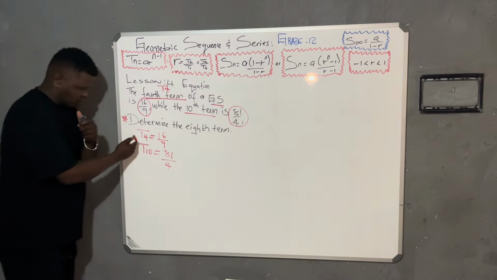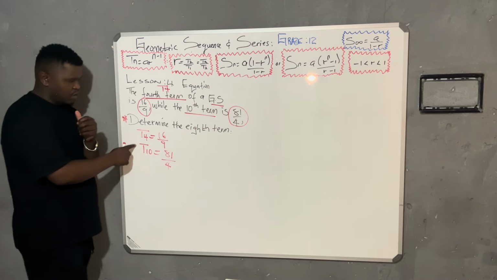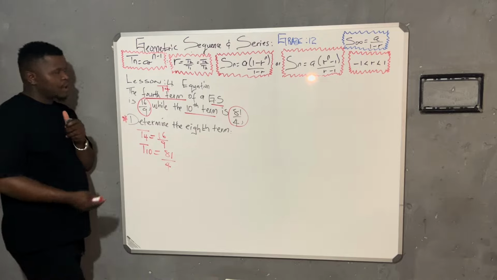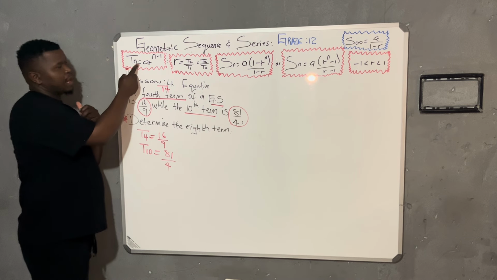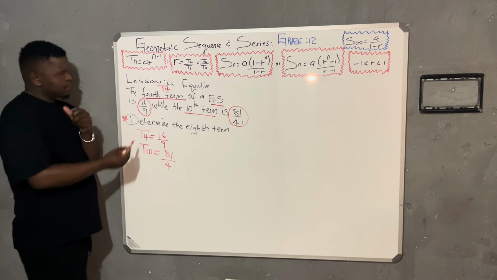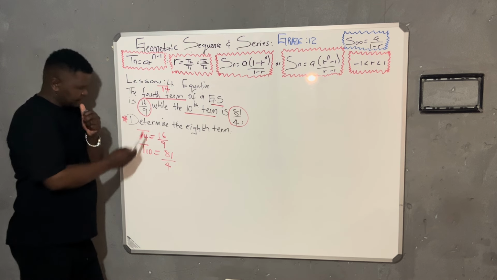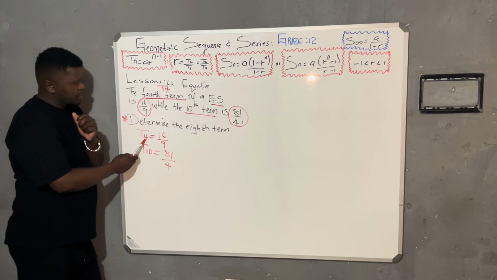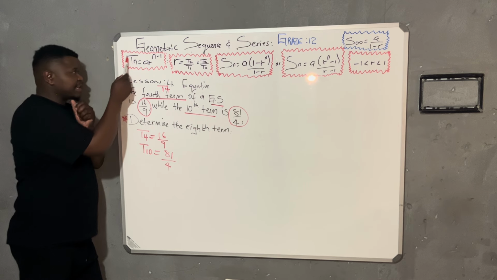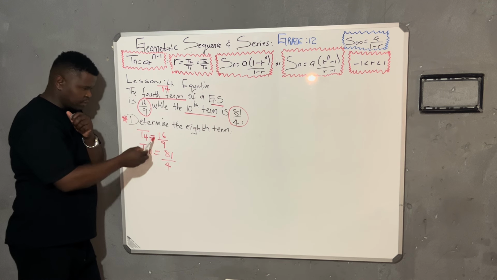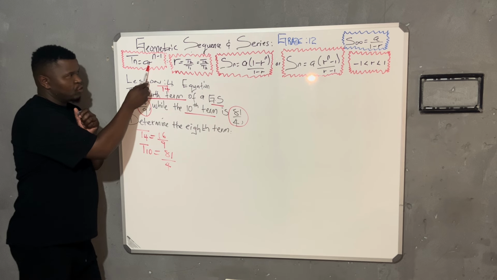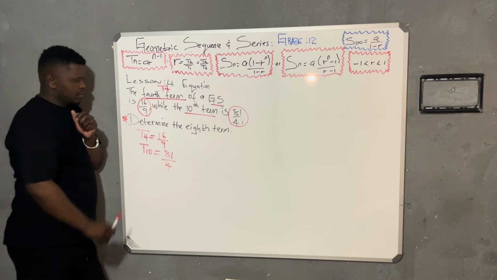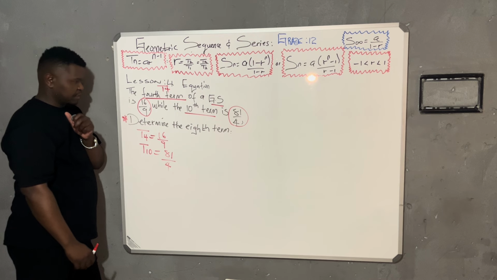Now let me take these two as normal equations. However, to create the normal equation, I must consult the general formula. As you can see, the position n happens to be 4, and T4 is equivalent to 16 over 9. I don't know my a, I don't know my r, but I know my n, which is 4.